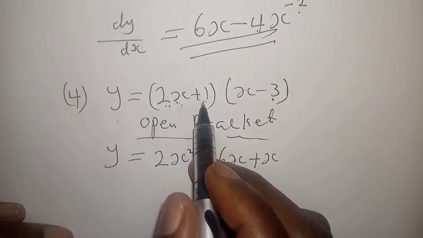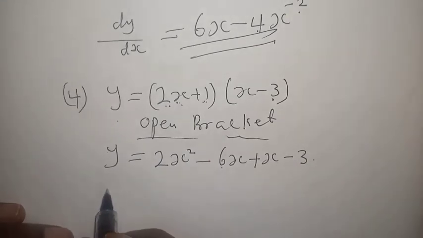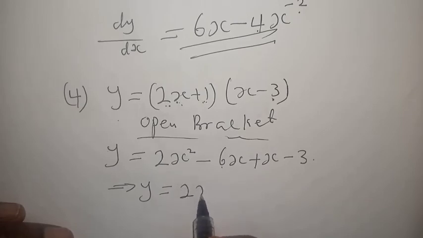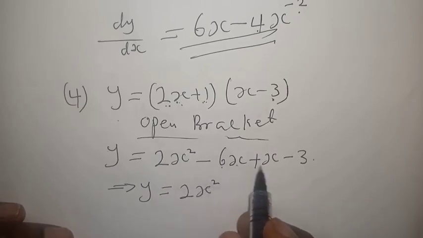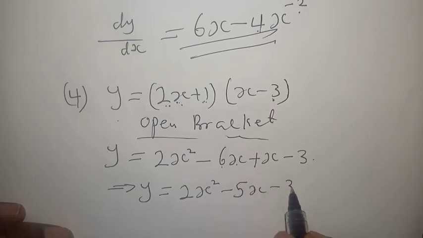Then 1 times minus 3 is minus 3. Therefore, y is equal to 2x squared minus 6x plus x minus 3, which is 2x squared minus 5x minus 3.